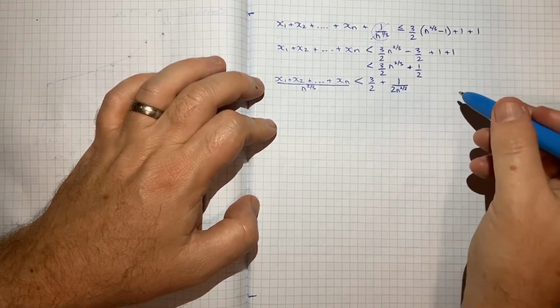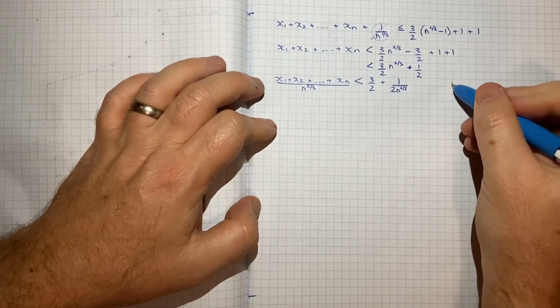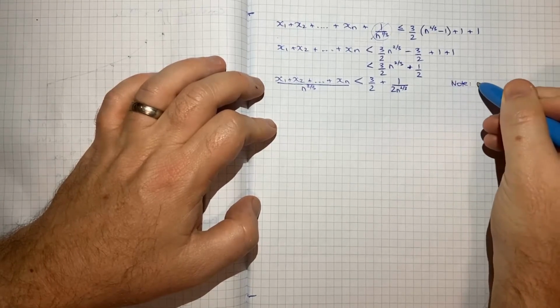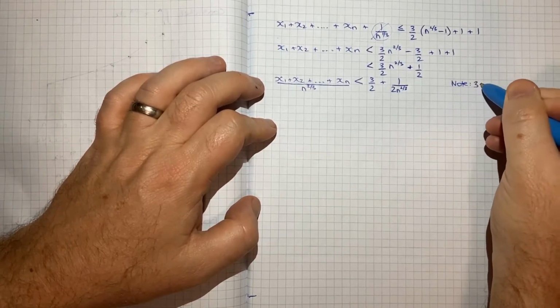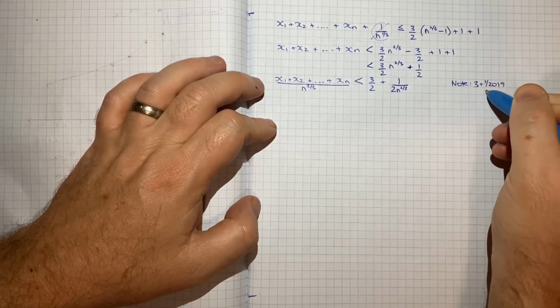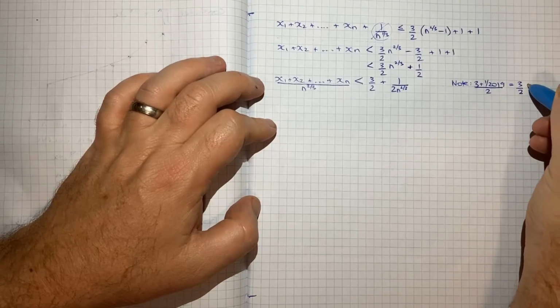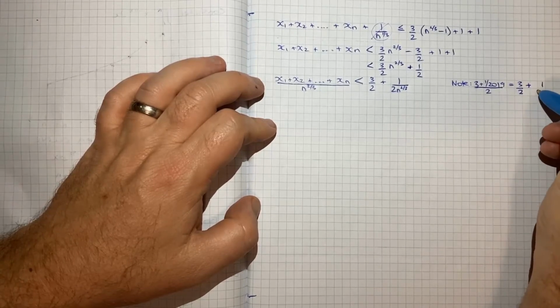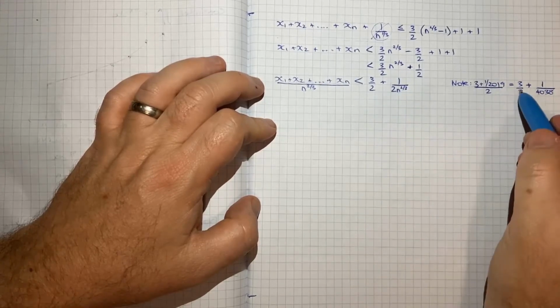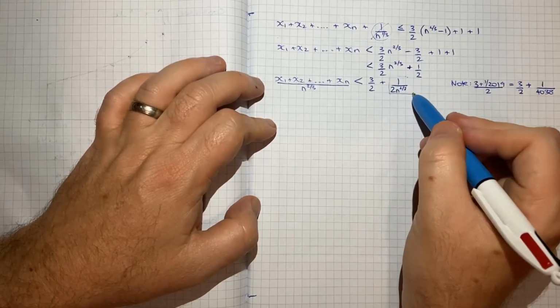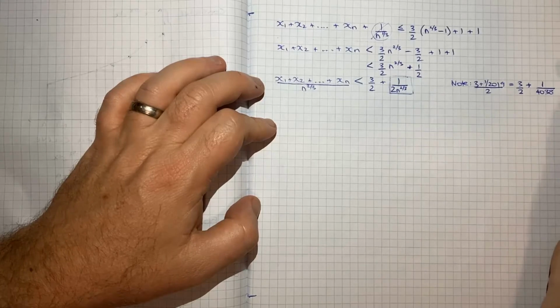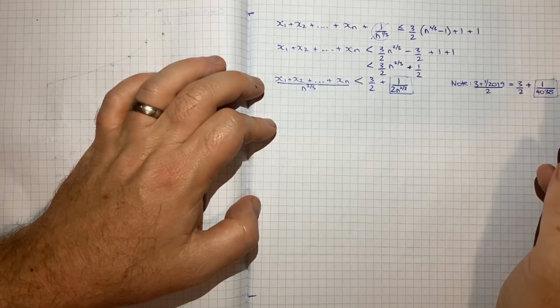So, like I did before, if we note that 3 plus 1 on 2019 on 2, that's equal to 3 on 2 plus 1 on 4038. So we've got this very similar format here, and now we're concerned with the 1 on 2n to the 2 on 3 as compared with 1 on 4038.